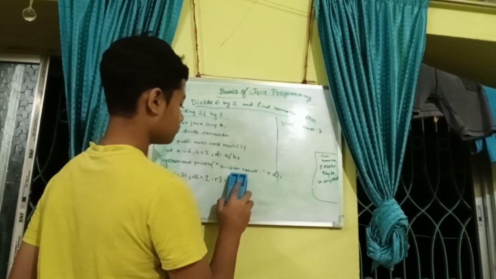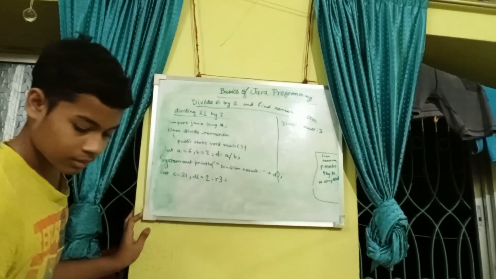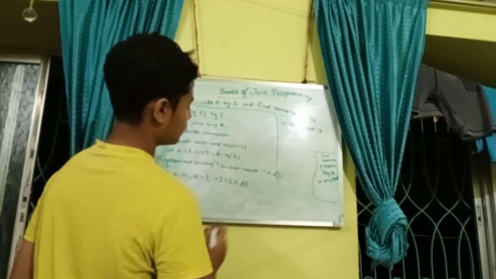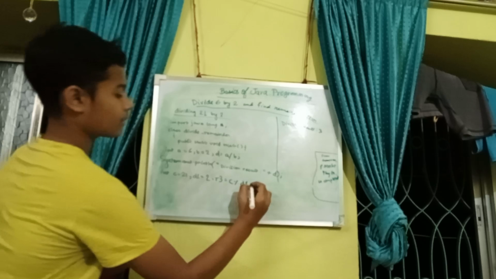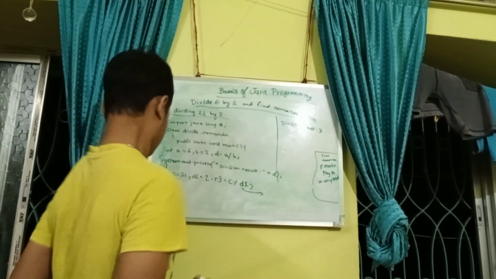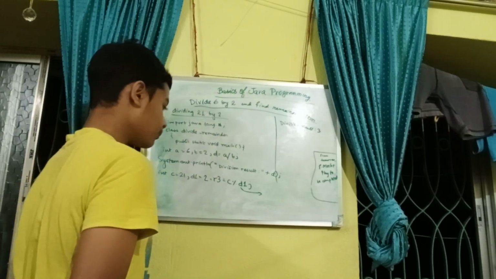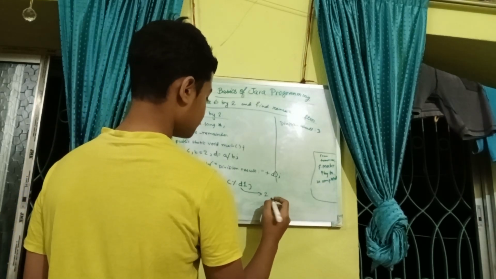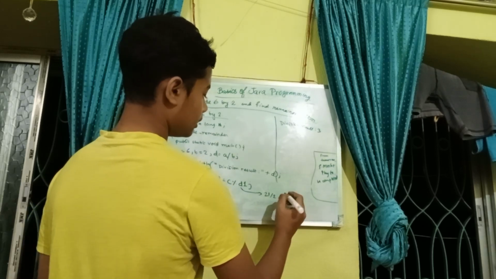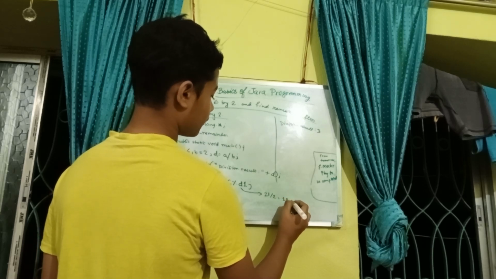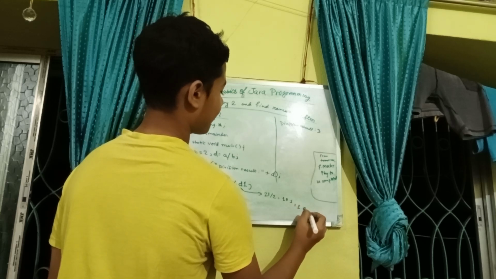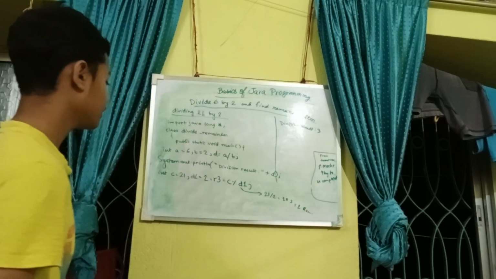C is equal to 21, so C modulus D1 works like this: 21 divided by 2 gives 10.5, which means the remainder is one. So there will be one remainder.